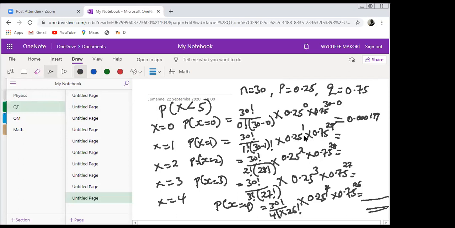for that first answer. For the second answer, we can come here and we say 30 factorial, 30 shift factorial, divide by into bracket 1 factorial times 29 factorial here, because 30 minus 1 is 29. 1 shift factorial times 29 shift factorial, close the bracket.